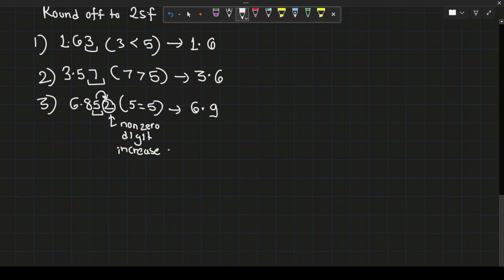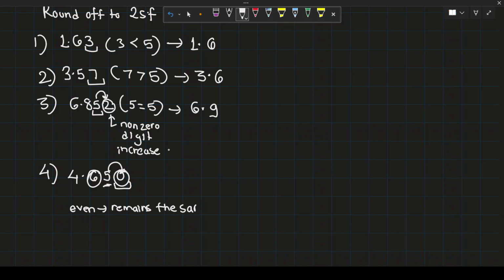Now let's say you have a digit after 5 which is 0. In this case, what will you do? Let's take a number like 4.650. As you can see, we have a 0 after 5. In this case, what you need to keep in mind is the number before 5, which is 6 over here. If the number before 5 is even, the number remains the same, and if it's odd, it will increase by 1.